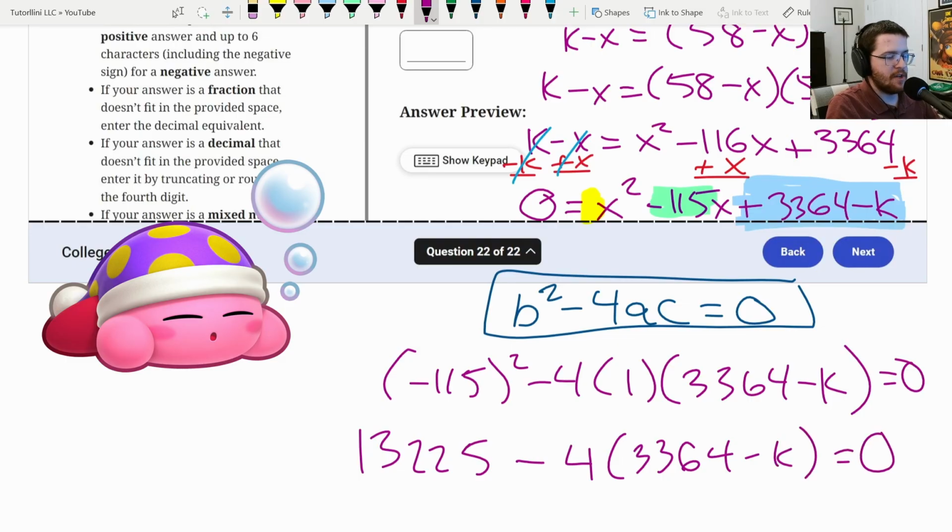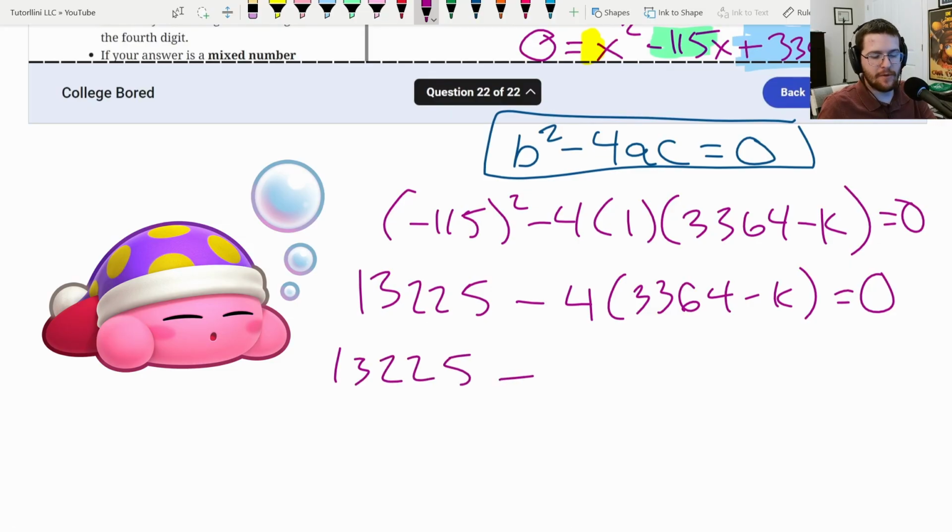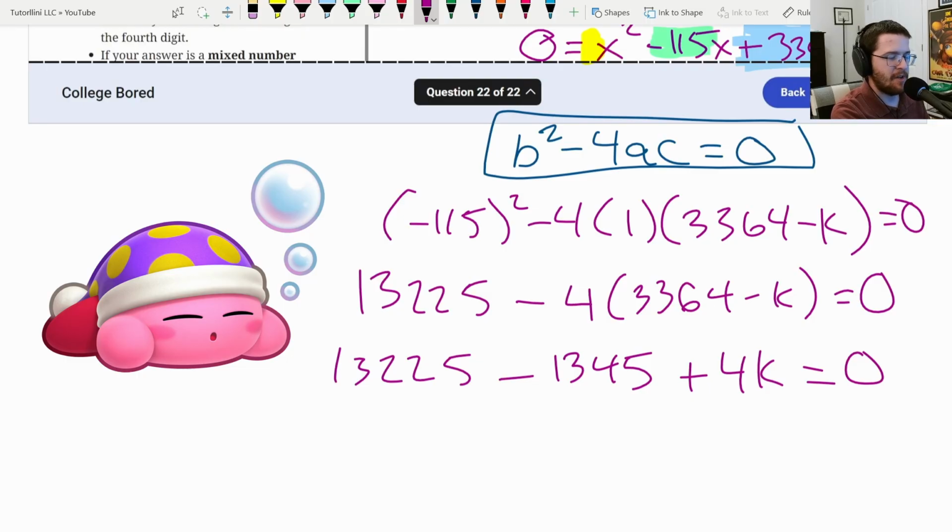Now I'm going to distribute that on the right. So 13225, negative 4 times 3364 is minus 13,456. Negative 4 times negative k is plus 4k. I think the question actually wants us to find 4k, so why don't I just solve for that? So 13,225 minus 13,456, combine the like terms.